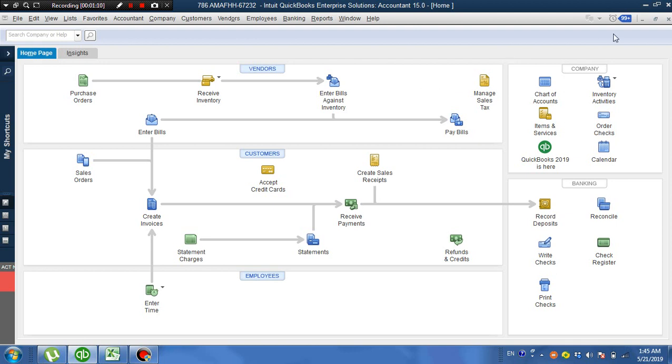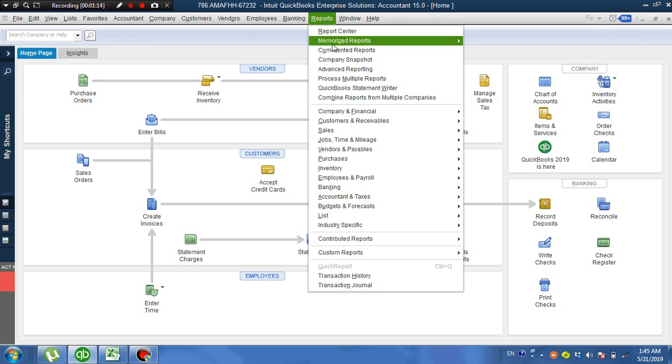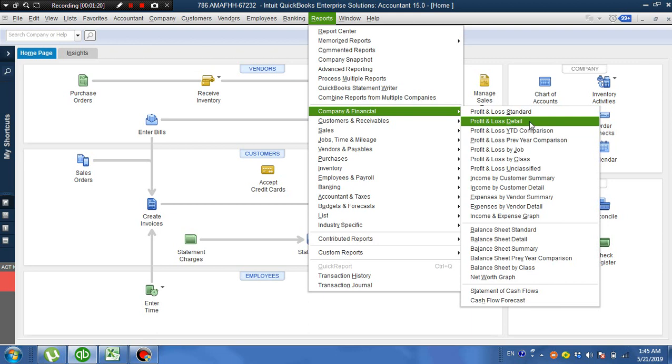Look at this. We can go to the report, to the company financial, balance sheet, look at the balance sheet standard.